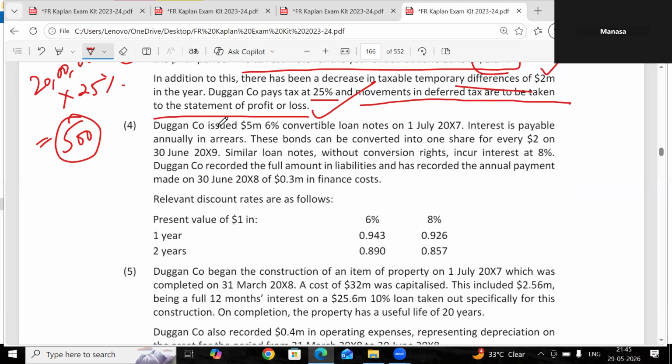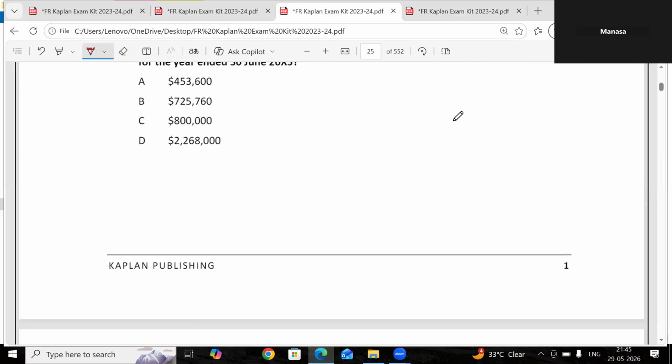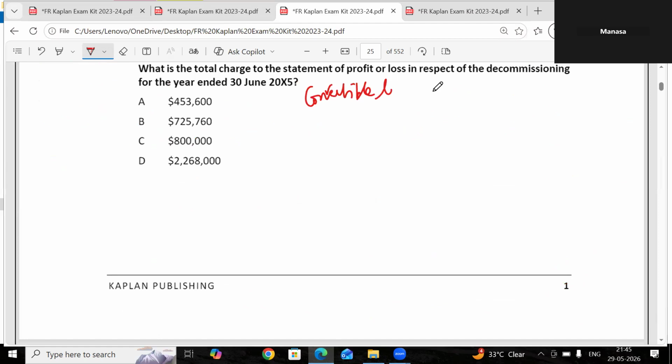Now Duggan company issued 5 million 6% convertible loan notes. Now I have to tell you something. See, convertible loan notes are compound instruments. What happens in case of compound instruments? There are two elements.